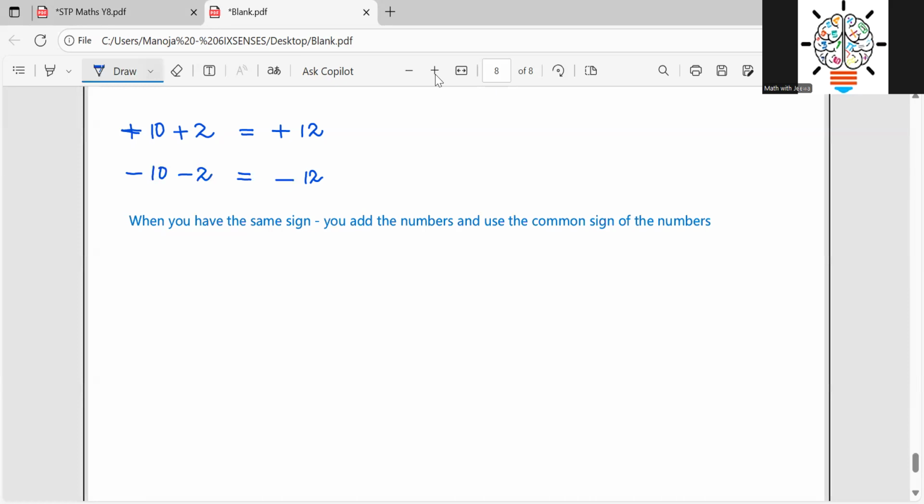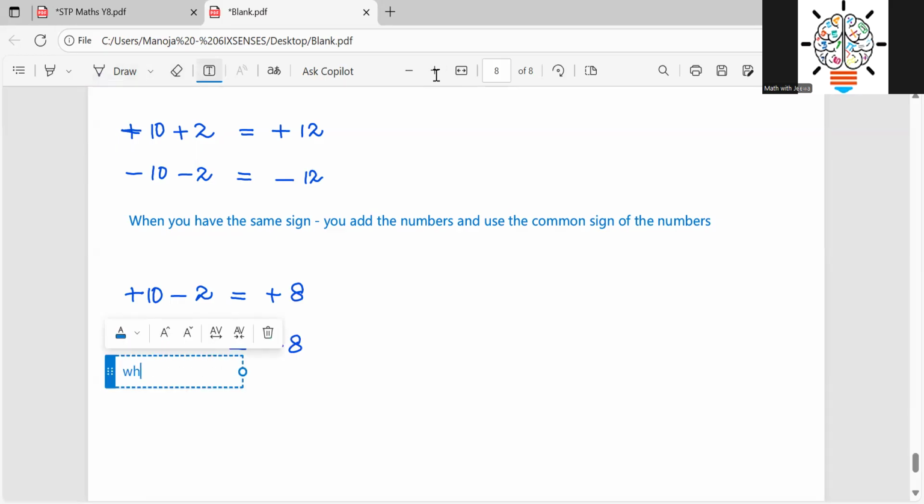But if you have something like positive 10, negative 2, or negative 10, positive 2, now what do we do? Then this becomes positive 8 and this becomes negative 8. How does it work like that? I will explain.